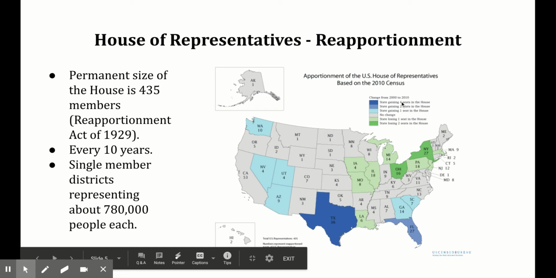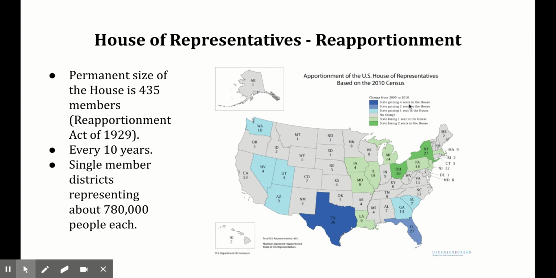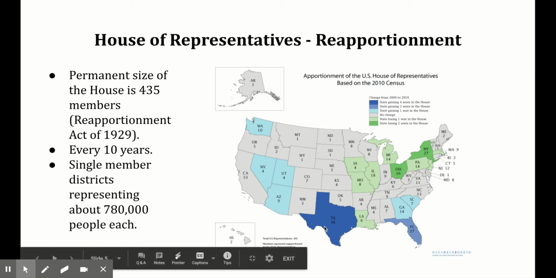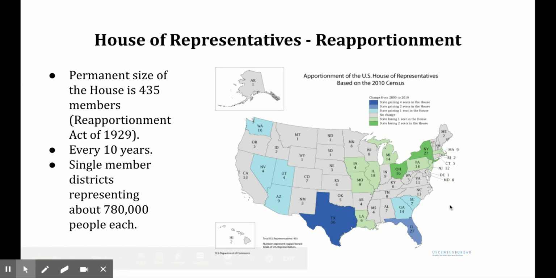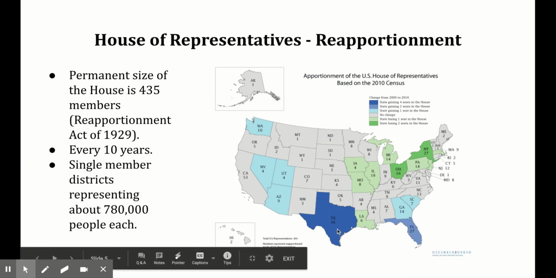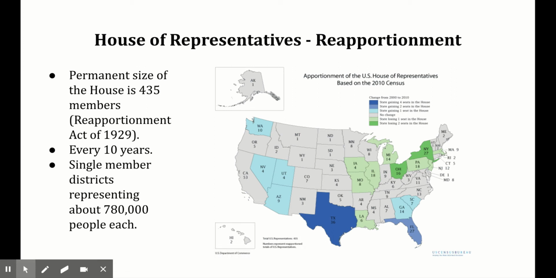The really, really dark blue states, they gained 4 seats in the House, so Texas. And then the lighter, maybe the medium blue, we'd call it, they gained 2 seats in the House. So both Texas and Florida are gaining 4 and 2 seats respectively in the House. So what that means is their populations grew significantly in order to get multiple new representatives to their state.